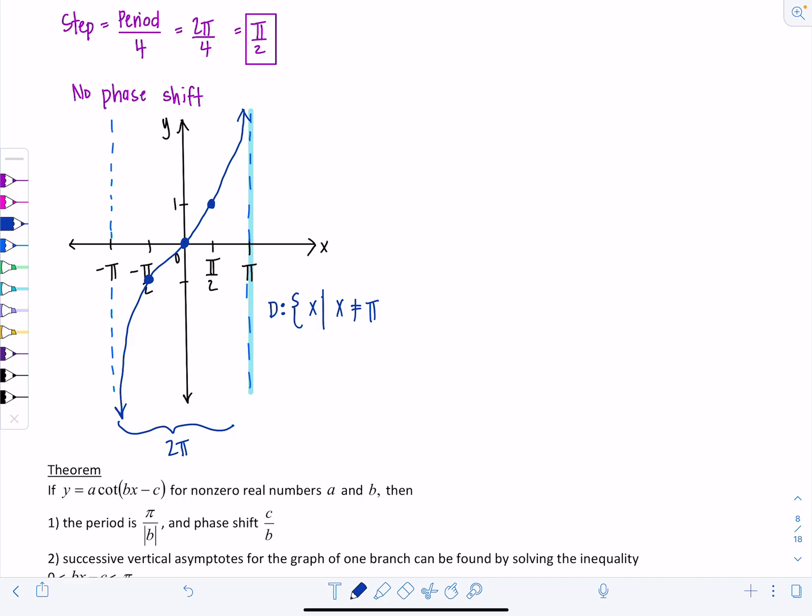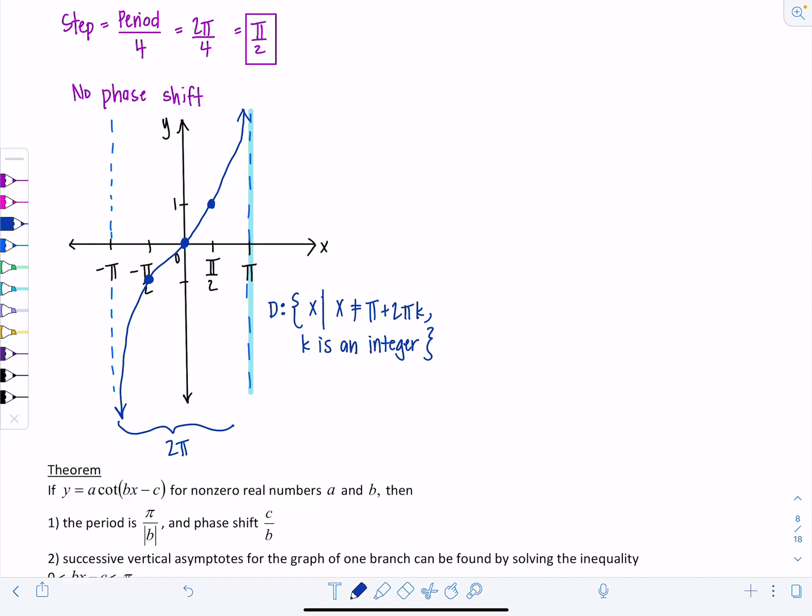So I could add 2 pi, add another 2 pi, add another 2 pi, or alternatively, I could keep subtracting 2 pi. Keep subtracting forever and forever. So they're 2 pi spaced apart. So the way we say that is x cannot equal pi plus 2 pi k, where k is an integer. And that's basically how you give a rule for all of the domain restrictions or where all of the vertical asymptotes are.